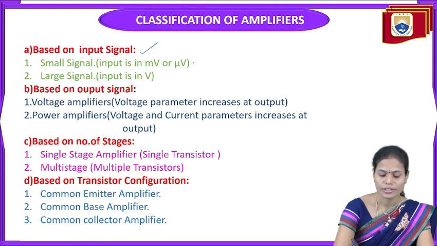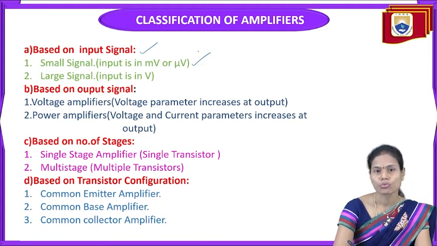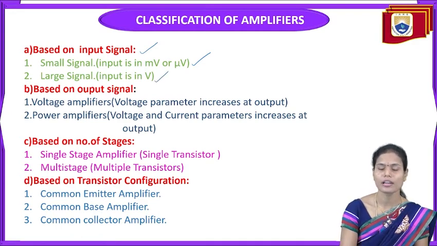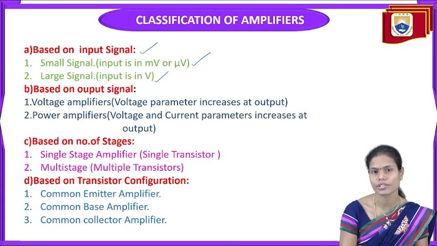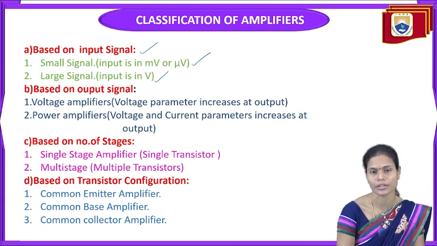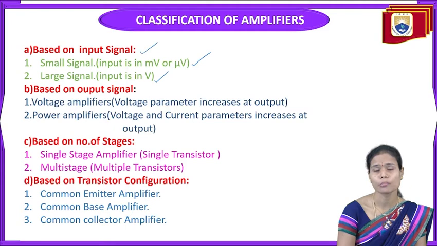If we use the small signal, in the range of microvolts or millivolts, that belongs to the small signal amplifier. And if you use the large signal, if the voltage range is in some volts, in that case it is the large signal amplifier. A small signal amplifier can amplify only low frequency range signals, and it will provide distortion for the high frequency range of signals.